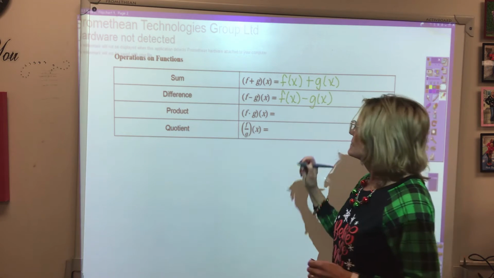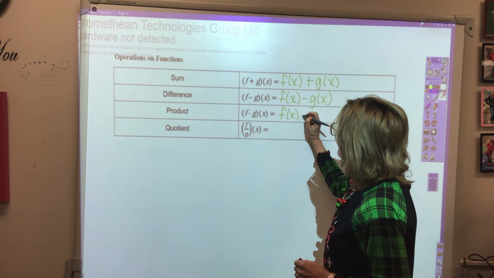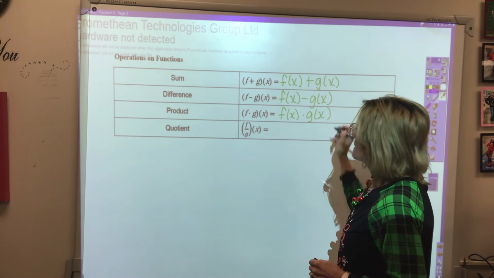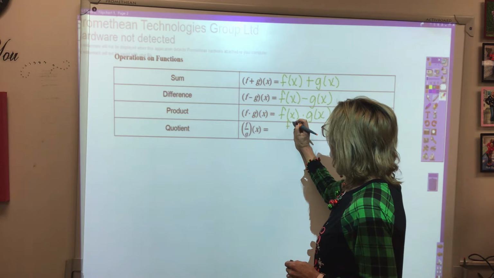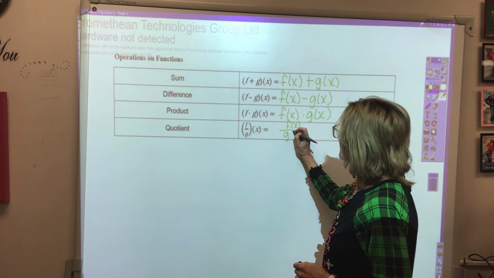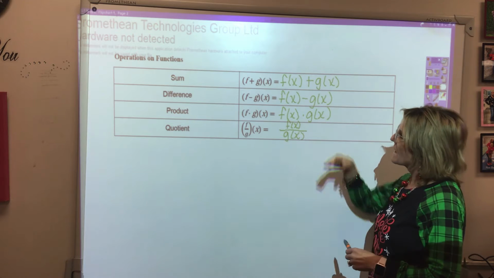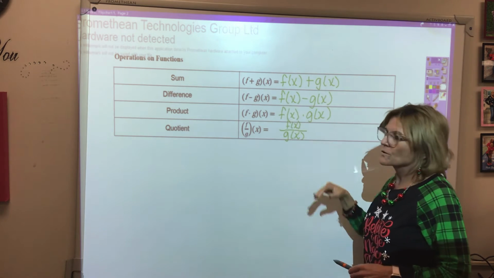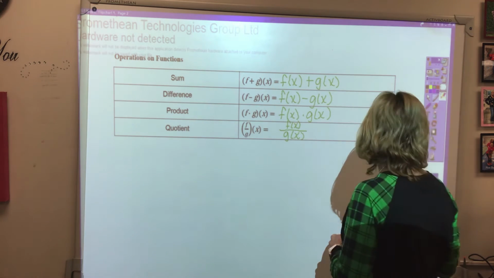If it's the product of functions, we'll take f of x times g of x. And if it's the quotient of functions, we'll take f of x over g of x. We'll simplify using the first three, the sum, the difference, and the product. But with the quotient, we'll just write it out. We won't simplify it.